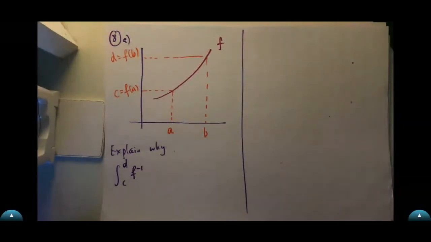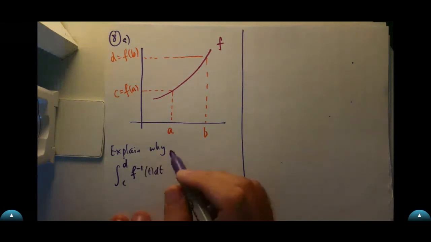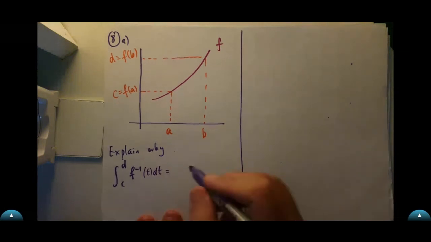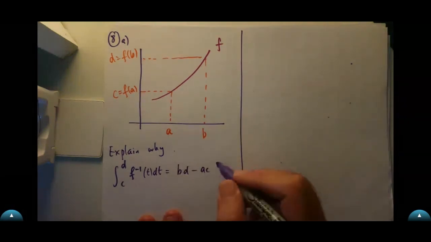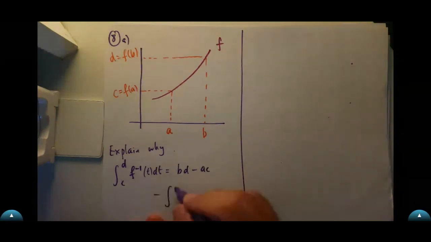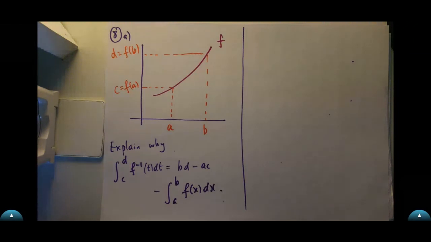Okay. All right, I'm back. Okay, so the integral of this inverse is the following: b times d minus a times c minus the following integral. That's what we're really asked to do here.